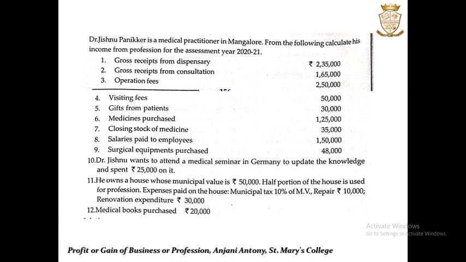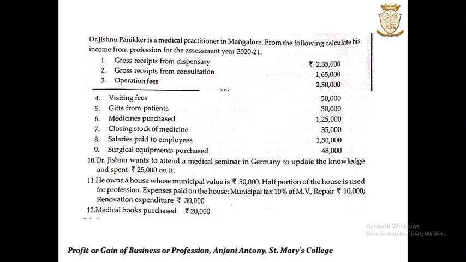Salaries paid to employees is related to his profession. Surgical equipments purchased 48,000 rupees. Surgical equipment is a capital asset, so we cannot deduct the direct amount from income from profession, because the whole amount should not be deducted, but we can deduct the depreciation amount, and the percentage of depreciation is 15% in case of surgical equipment.